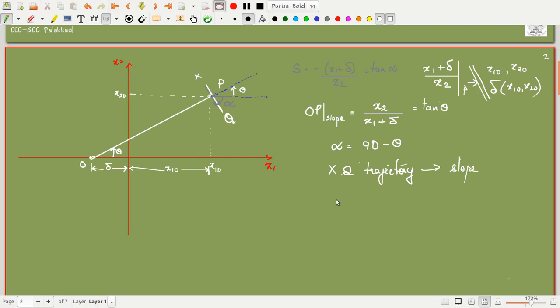So I can write xq slope is equal to tan of 90 minus theta in the negative direction, in the opposite direction as this line. So tan of 90 minus theta would be minus of x1 plus delta divided by x2. So this is the beauty of this delta function.